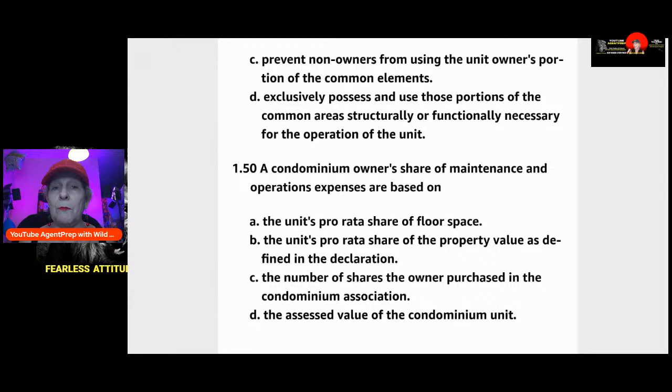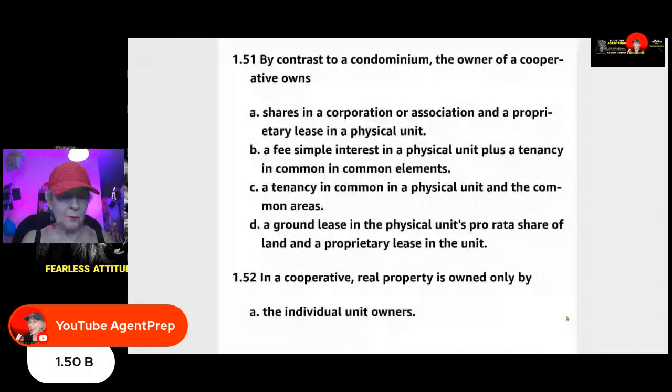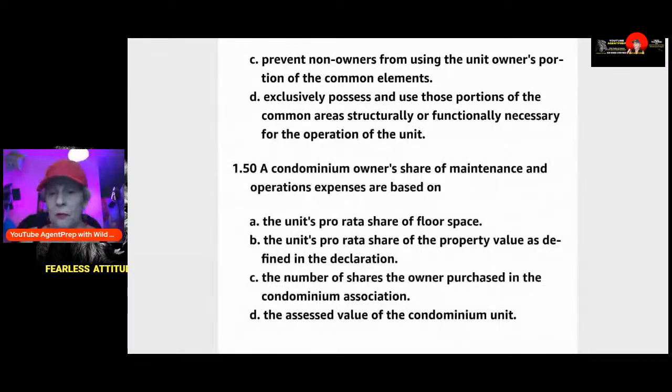Number 51. Well, let's see what the book answer says. All right. So the book, reading the wrong answer. The unit's pro rata share of the property's ownership as defined in the declaration determines the amount of the unit owner's assessment. So that's a different assessment than the property tax assessment that is done by the property tax assessor.